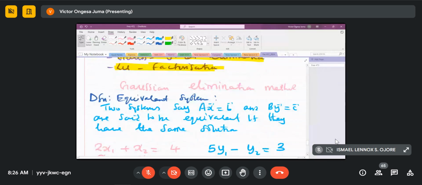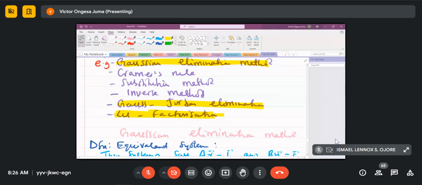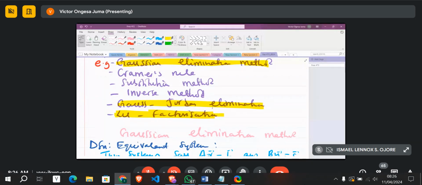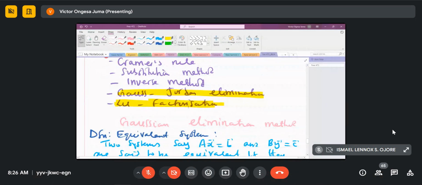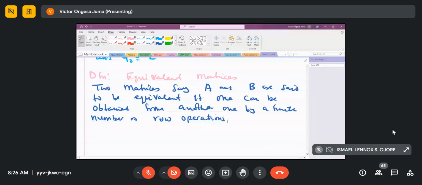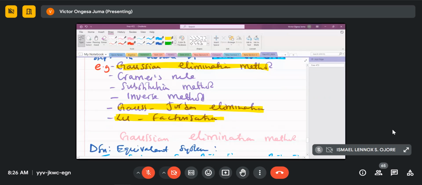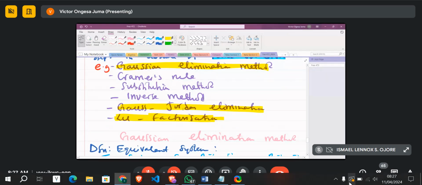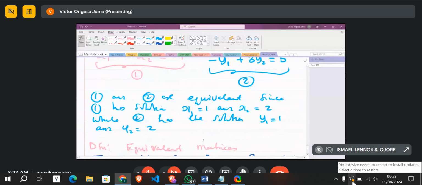And the difference with this and the Gauss-Jordan is, with the Gauss-Jordan, you reduce the matrix to an identity matrix. And whatever remains on the other side becomes the solution of your system. That one is kind of cumbersome, so it's mostly used for finding the inverse of a matrix.